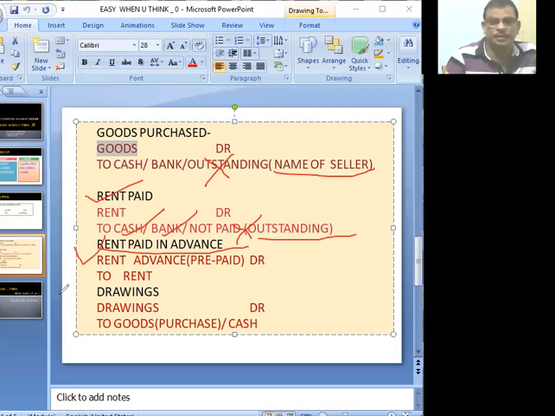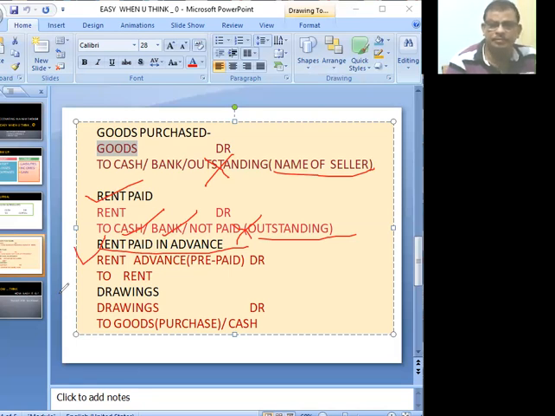When it is already paid, then it will be an asset. Then obviously it will be debit. Rent paid in advance will be debited. Suppose you don't know what it will be, just reverse the entries of rent outstanding. In case of rent outstanding, you just write rent prepaid.